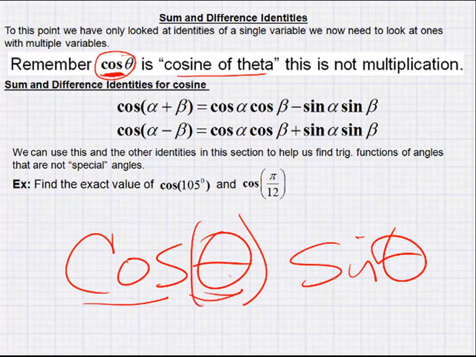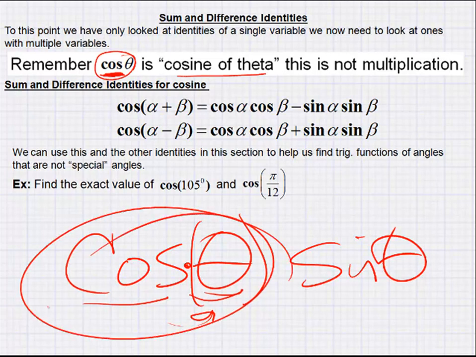Theta is inside the cosine function, and we're taking the cosine of this angle. So anything you think of when it comes to multiplication, like the distributive property or anything else, does not apply to this. And that's a very common mistake.